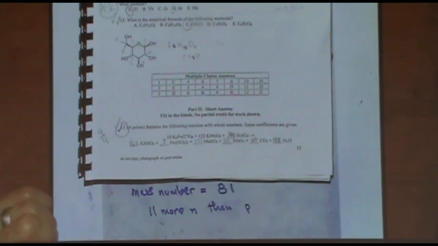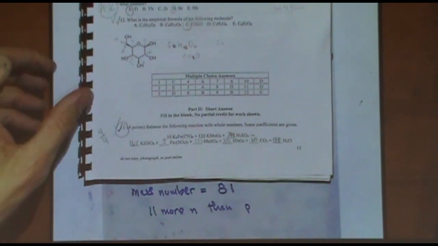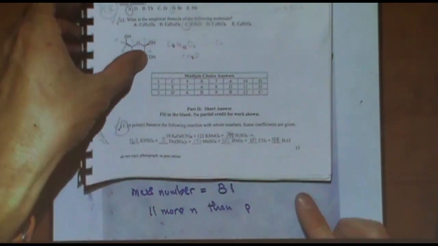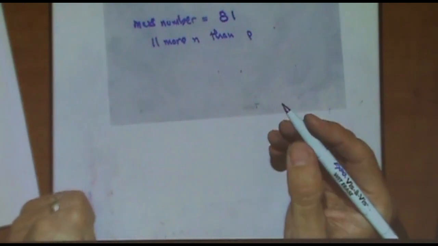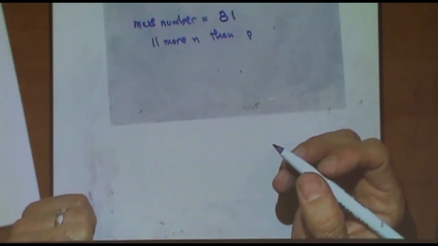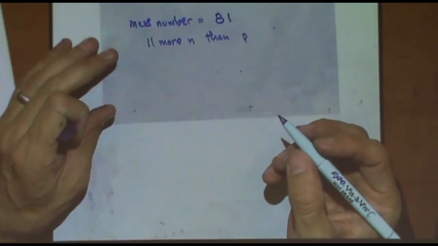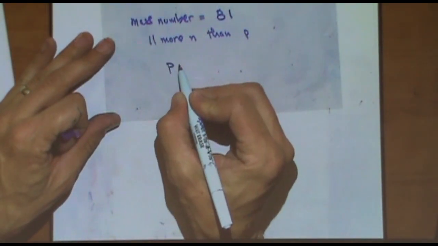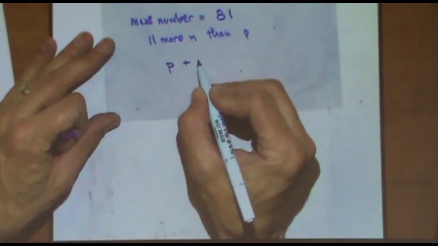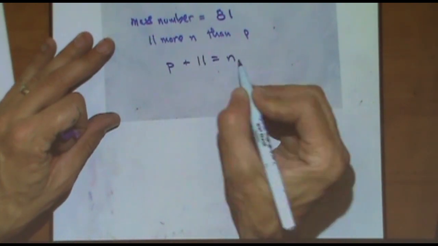This is an isotope of what element? Okay, I'm going to move the question now. So we've got 11 more neutrons than protons. So that means protons plus 11 equals neutrons. Is that okay?